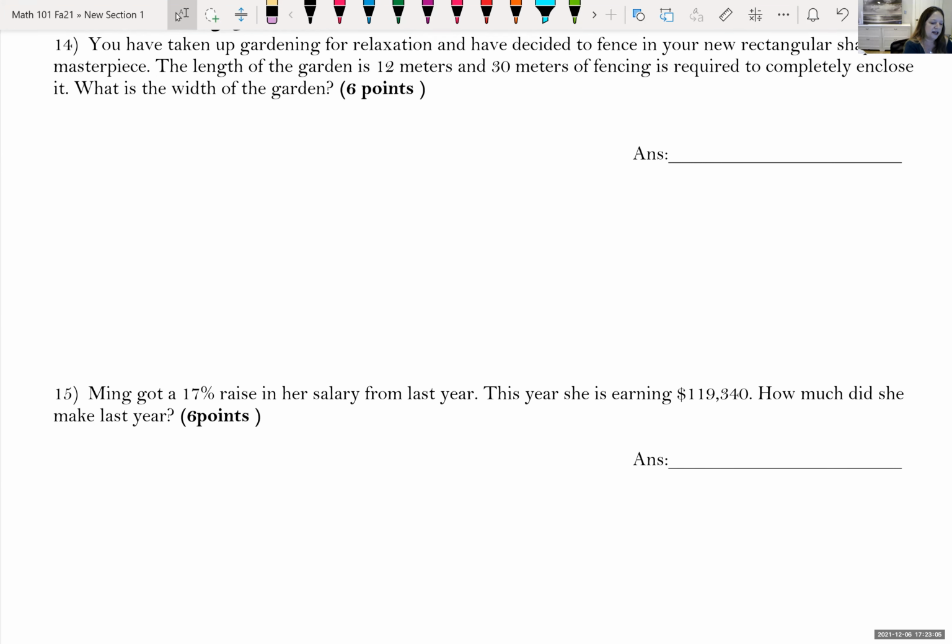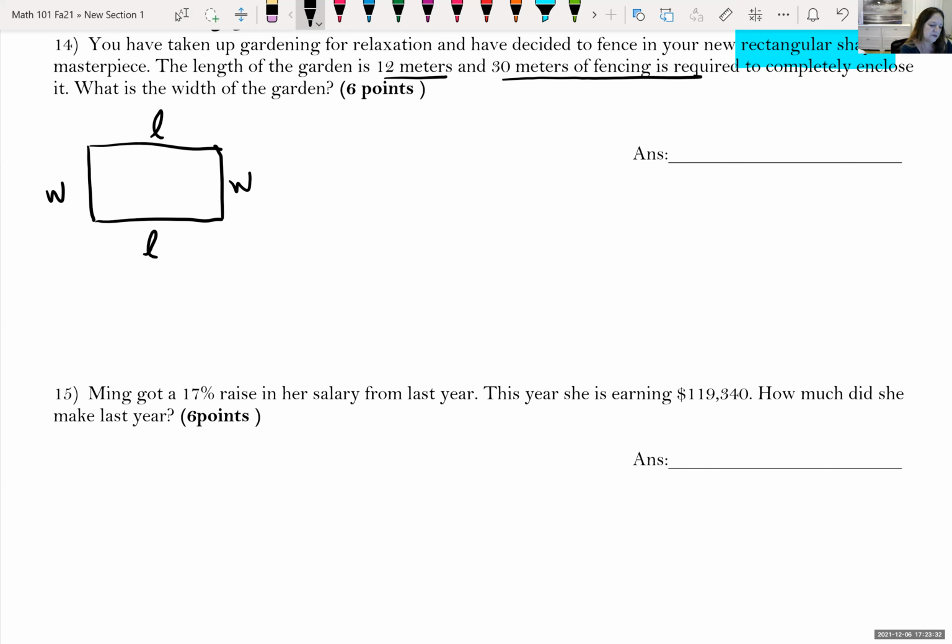Okay, so we know that it's a rectangular shape, and so we have a length, width, and width. The length of the garden is 12 meters, and 30 meters is required for fencing to completely enclose it. So what is the width?